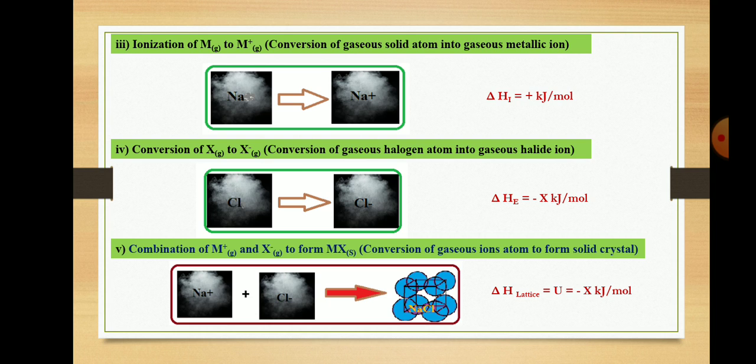Now this is nothing but delta H lattice, which is U, lattice energy, and the amount of energy is released, which is called minus X kilojoule per mole according to the definition of lattice energy.